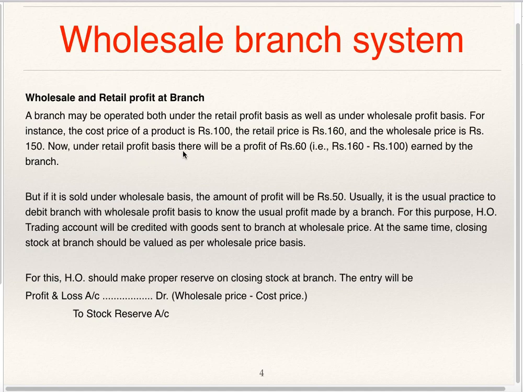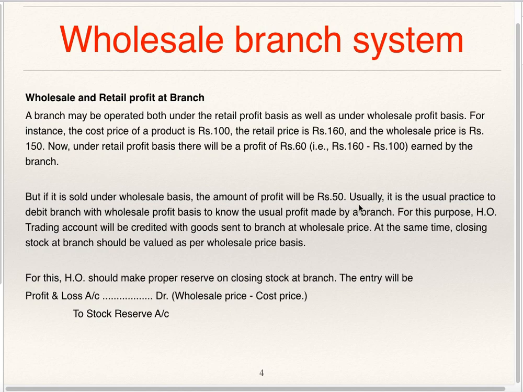Now under retail profit basis, there will be a profit of rupees 60, that is 160 minus 100. 160 is the retail price, 100 is the cost price, earned by the branch. But if it is sold under wholesale basis, that is, if the branch is selling goods at wholesale price and getting it at cost, the amount of profit will be 50. The branch is getting it at cost 100 but it is selling it at 150.